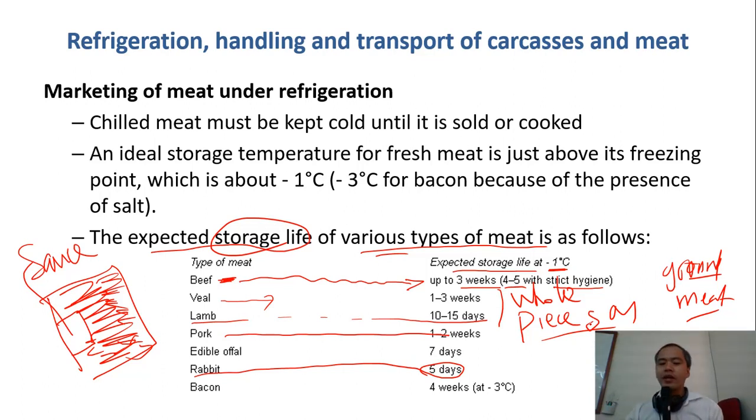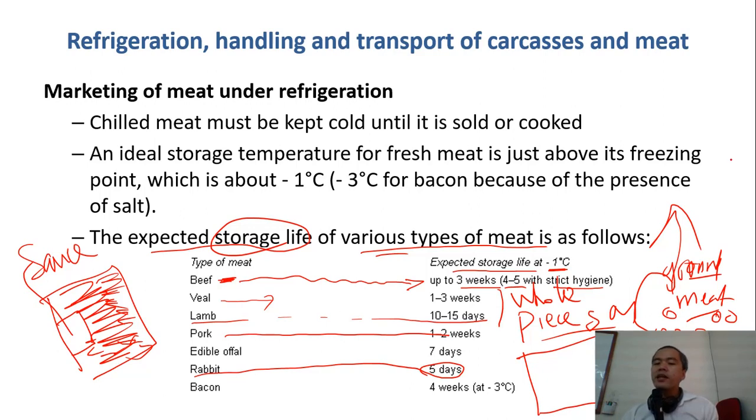Why? Okay. When you have a whole piece of meat, the surface area is just the surrounding area. But when you grind the meat into so many small particles, the surface area is a lot increased. You increase a lot of surface area, meaning you have a lot of contact with oxygen. When you grind like this, you have more drip.